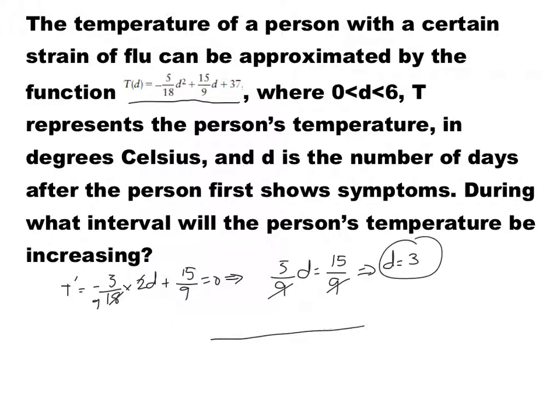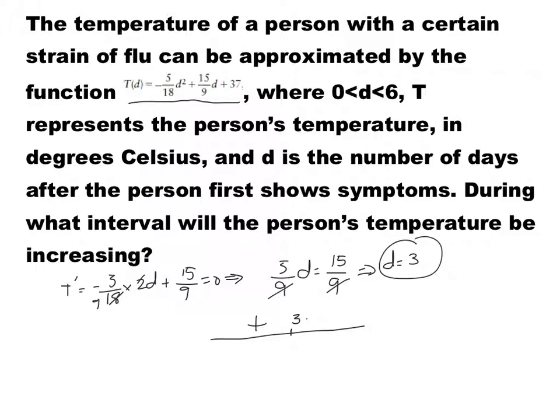This means that on a number line, if d is equal to 3, the tangent is horizontal, or the slope is 0. When d is less than 3, let's say d is equal to 0, T prime of 0 becomes 15 over 9, which is positive.